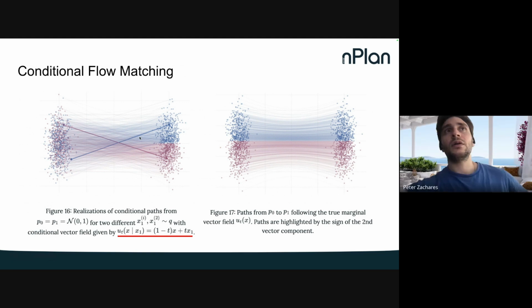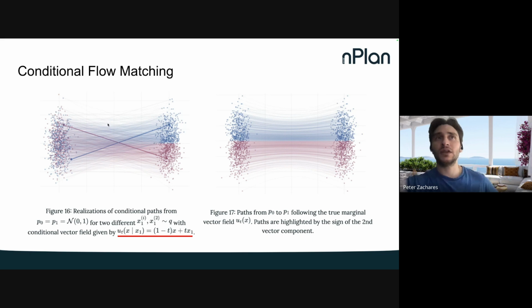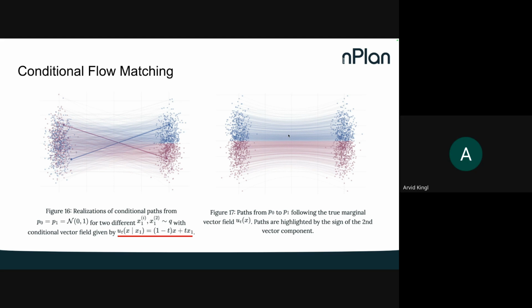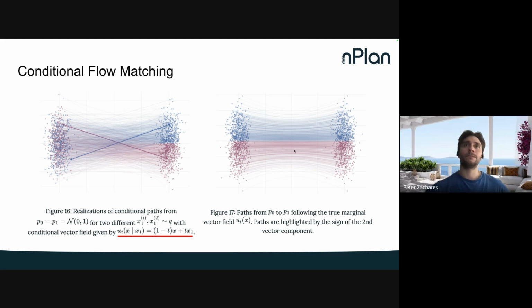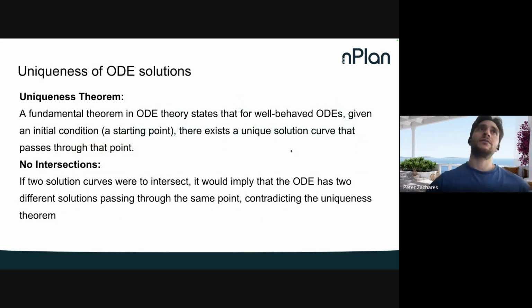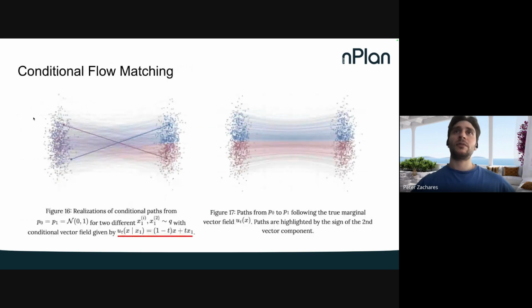But what that means is if you train using this approach, you'll still get paths that look like this that are not intersecting. And that's because of the uniqueness of ODE solutions. If you remember over here, at sampling time, you're using an ODE solver to go from right to left.